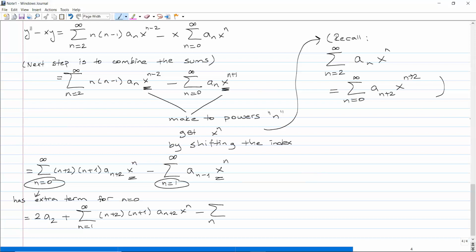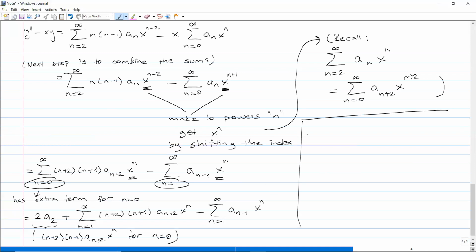And we have the second sum. So this 2a2 is the term n plus 2, n plus 1, a n plus 2, x to the n for n equals 0. Let me continue here.